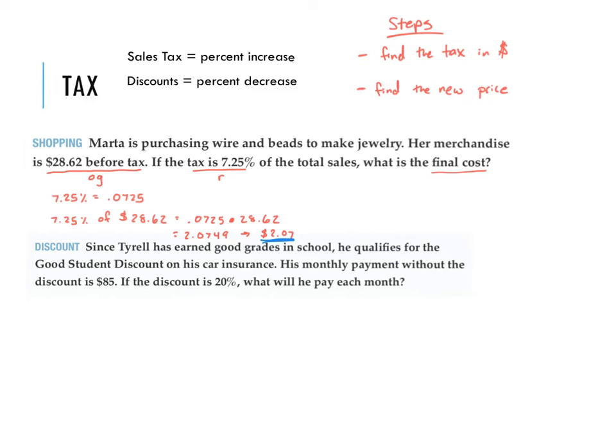So when I go to find the new price, I'm going to add my tax, $2.07, to my original amount. So the problem is going to be $28.62 plus $2.07, which means my total cost is $30.69.